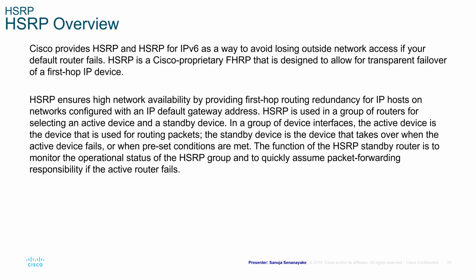The function of the HSRP standby router is to monitor the operational status of the HSRP group and to quickly assume packet forwarding responsibility if the active router fails. So this is an overview of how HSRP works.